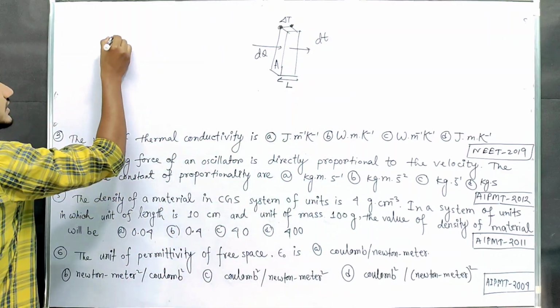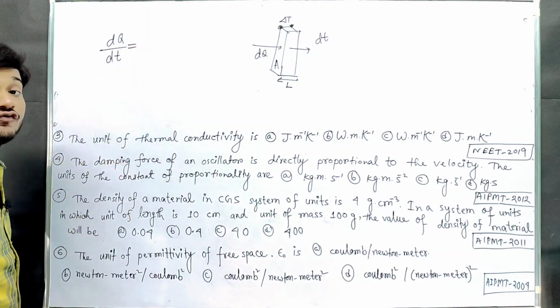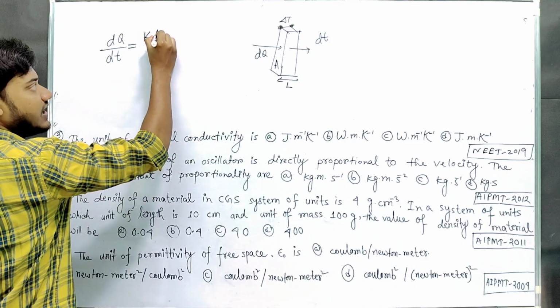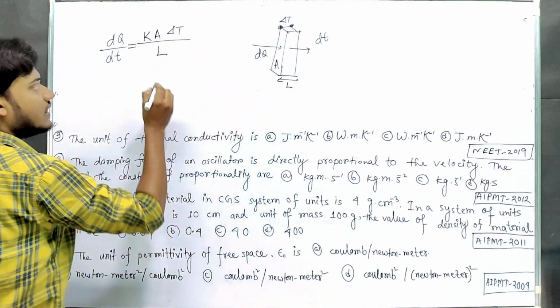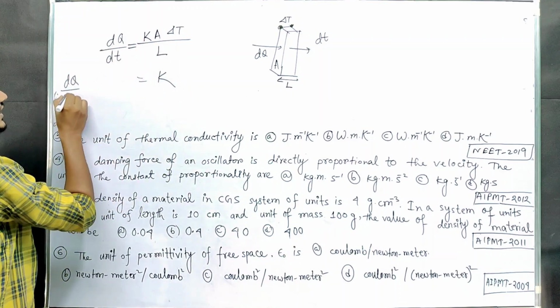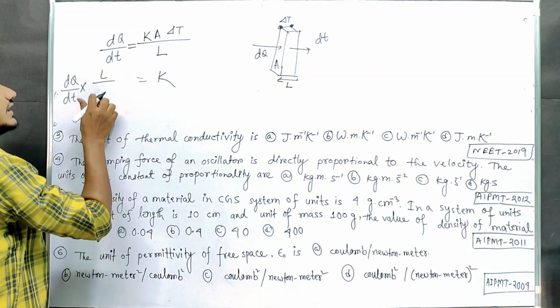So we can write dQ by dt, rate of flow of heat, equals k thermal conductivity, area, delta T temperature difference by L width. So k will be dQ by dt into L by A delta T.